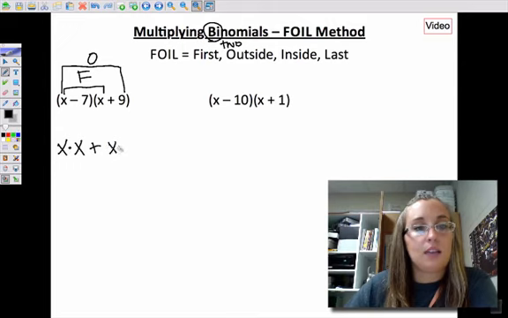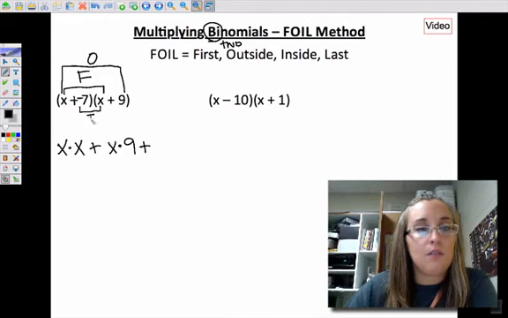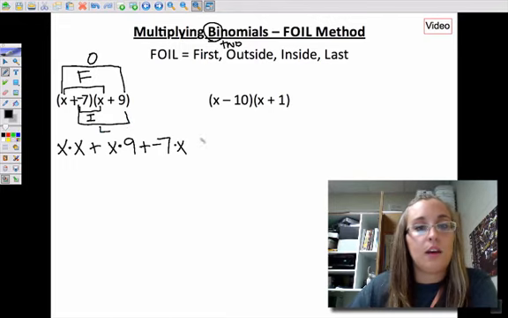So I'm going to take x times 9 plus, let's make this plus a negative 7 just to keep everything straight. We're going to do our inside, so that's this one and this one here. So that's negative 7 times x. And then our last terms, so our negative 7 and our 9 are our last terms. Okay? Okay, so go ahead and multiply here.